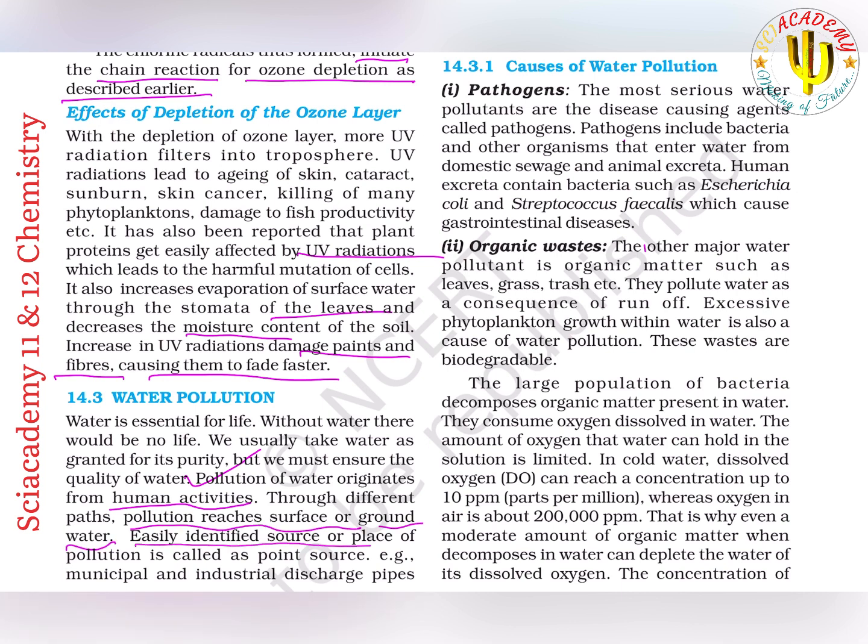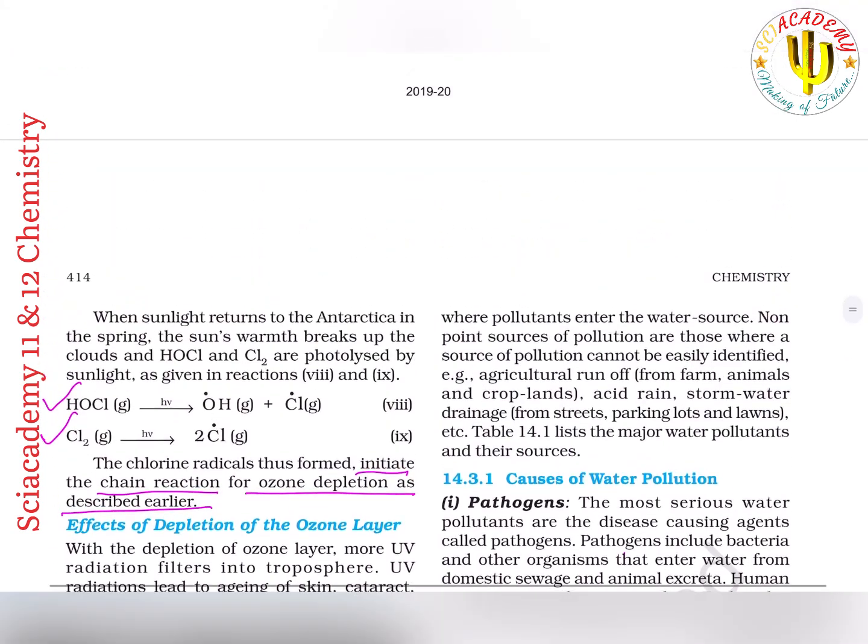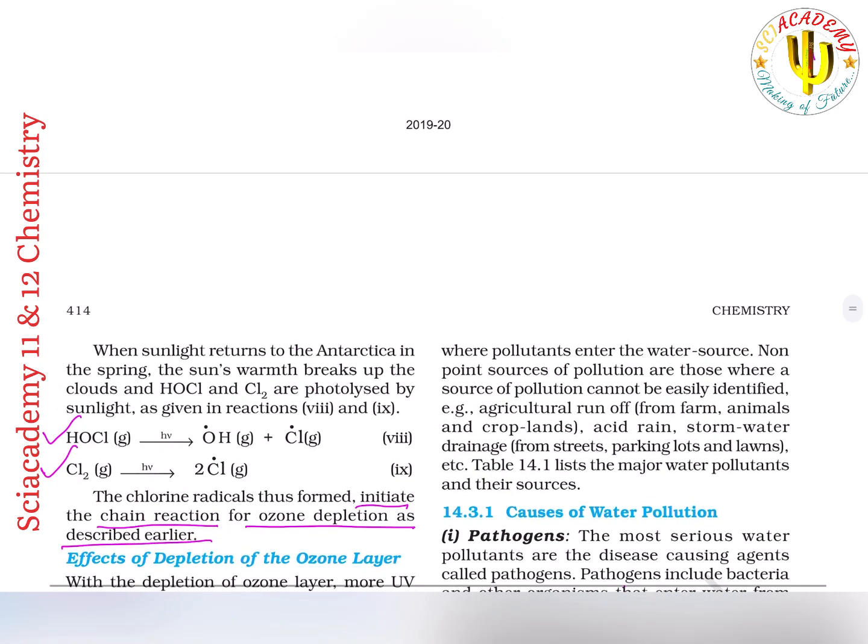Easily identified sources or places of pollution are called point sources. For example, municipal and industrial discharge pipes where pollutants enter the water source. Non-point sources of pollution are those where the source of pollution cannot be easily identified.